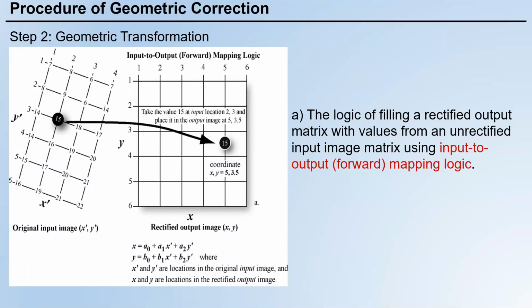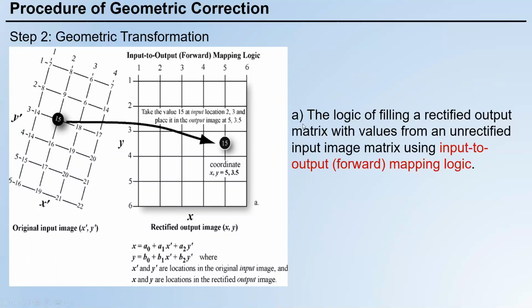Your software will use the location of GCPs on your reference map and the locations of your GCPs on your remote sensing image to try to establish this mathematical relationship using polynomials. And after that, as the relationship is established, the computer will do the geometric transformation to change the locations of original pixels.